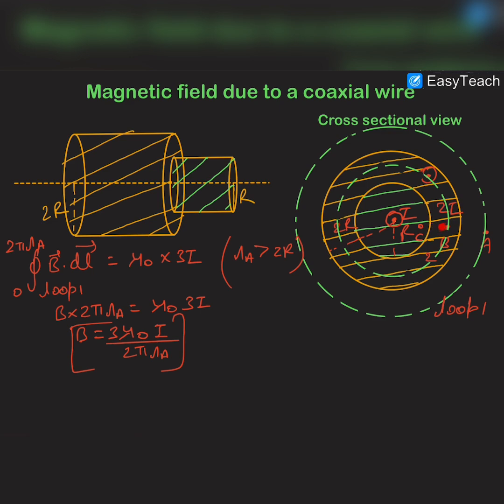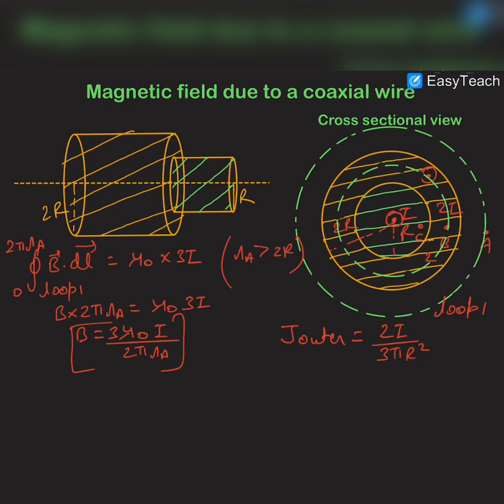Let us use the unitary method. The current density J of the outer wire is equal to 2I upon the area of the outer wire. The area of the outer wire is pi into 2R square minus pi R square, so it is 3 pi R square.